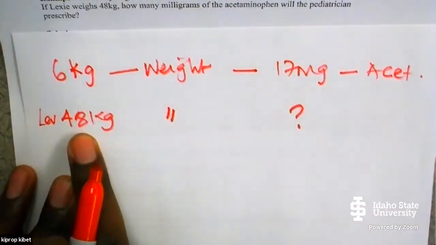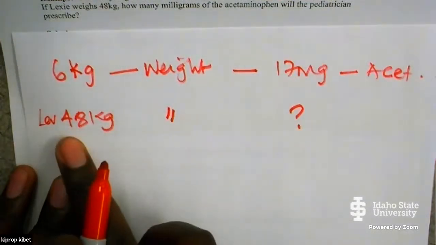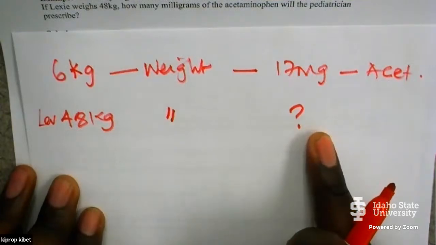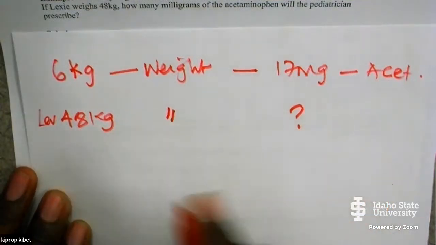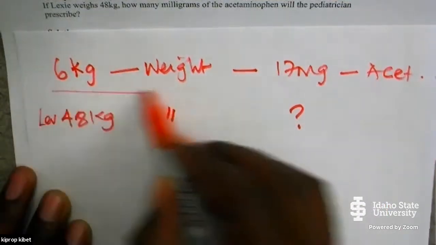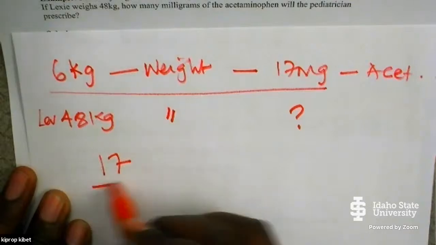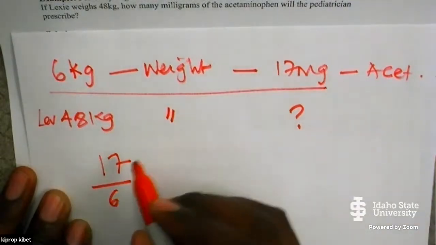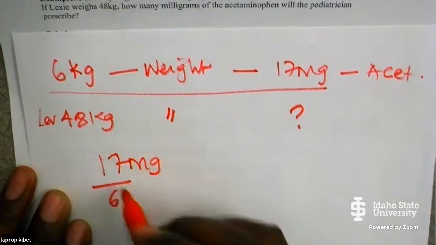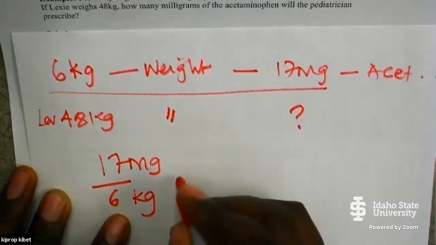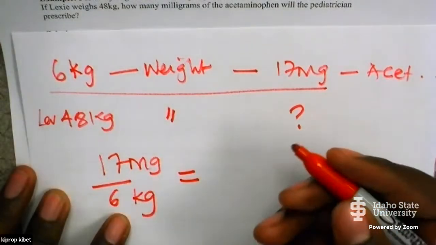So what will this person get if they weigh 48 kilograms? You can start from 17 all over 6, where this is mg and this is kg. 17 mg all over 6 kg is proportional to what?